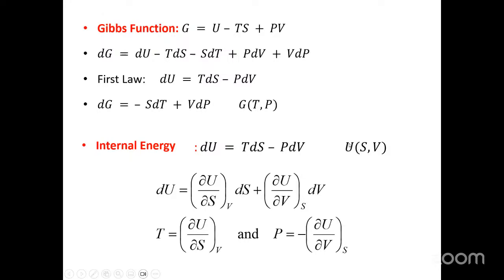But we are applying U as a function of S and V. From this equation, dU is equal to dU by dS at constant V times dS plus dU by dV at constant S times dV. Then T is equal to dU by dS at constant V, and pressure P is equal to minus dU by dV at constant S. So we are applying T and P here.